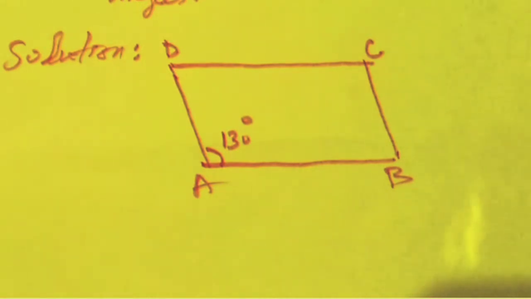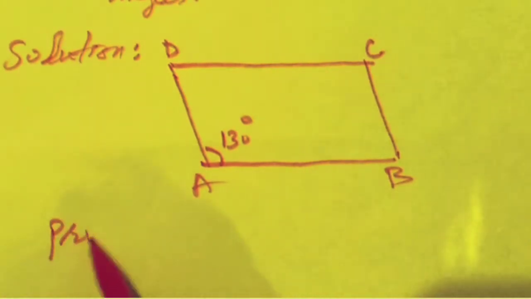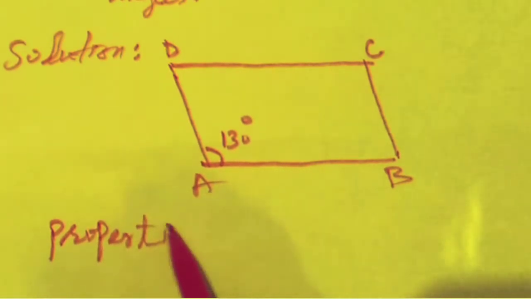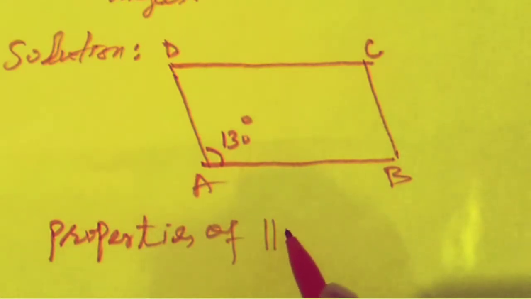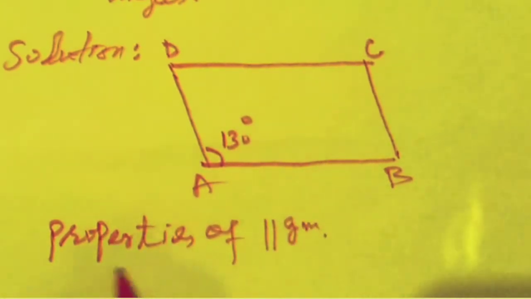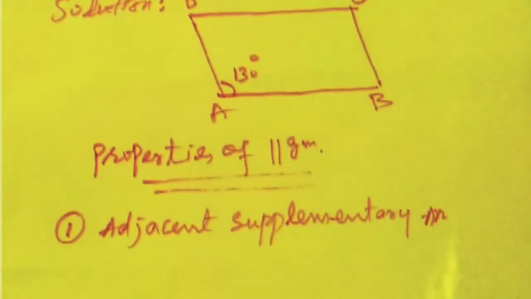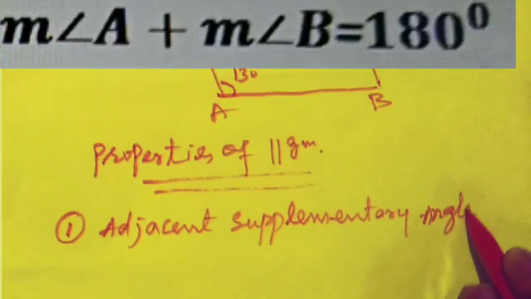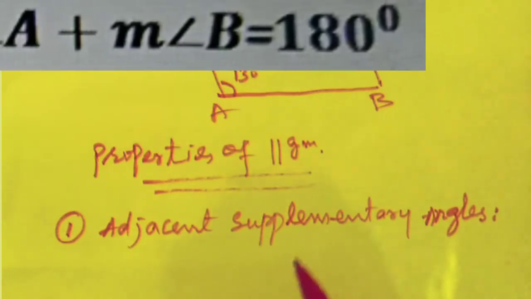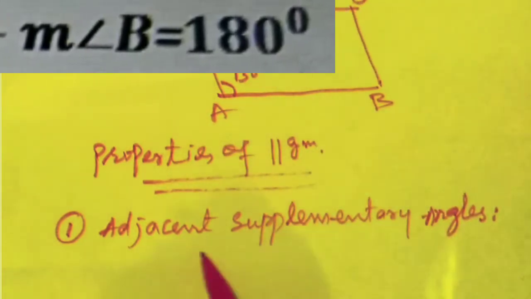Adjacent supplementary angles. Properties of parallelogram: supplementary angles, in which angle A plus angle B is equal to 180.